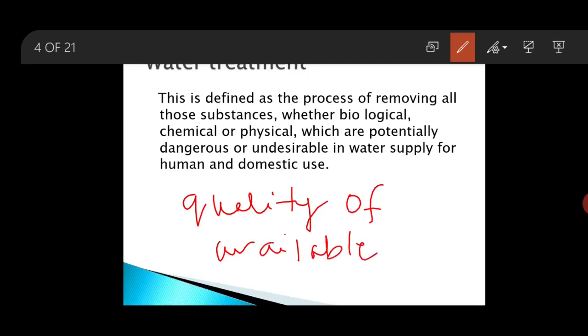And also it will depend upon the quality requirement for the intended use. So there are various methods or techniques adopted for purifying public water supplies.